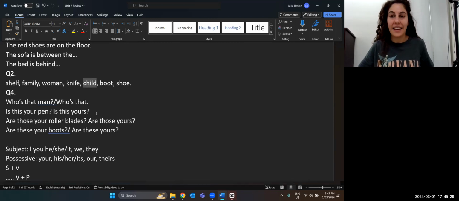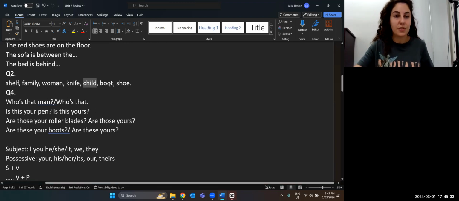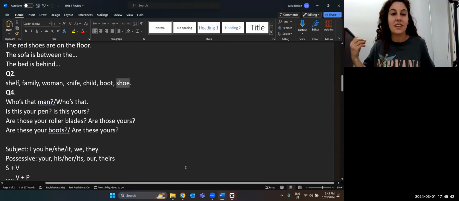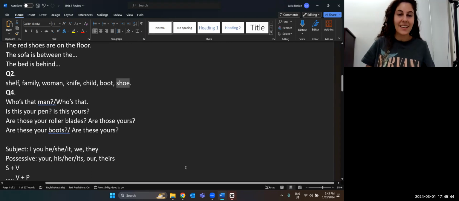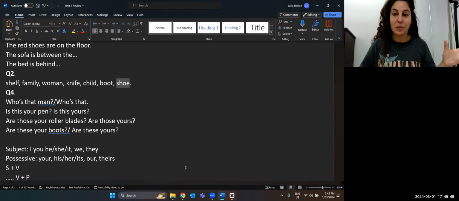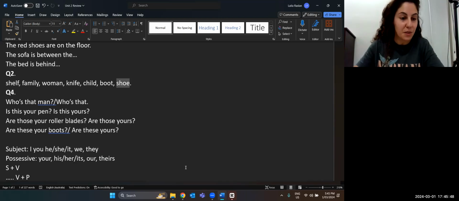If somebody has so many boots, but I have one boot. And my friend has so many shoes, but I have one shoe. Okay, so singular and plural nouns. I hope you could see the difference between them.